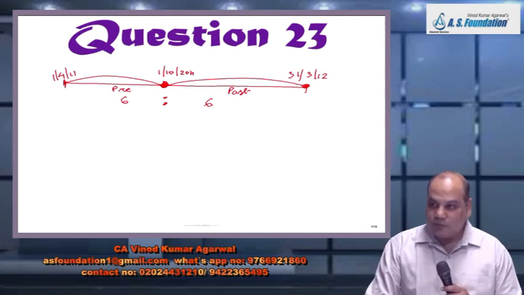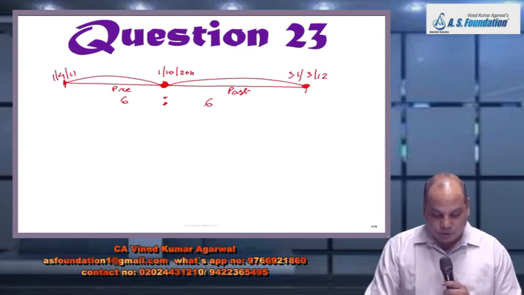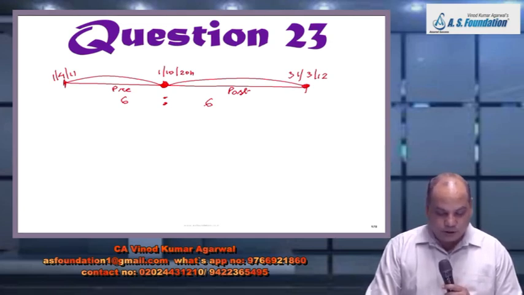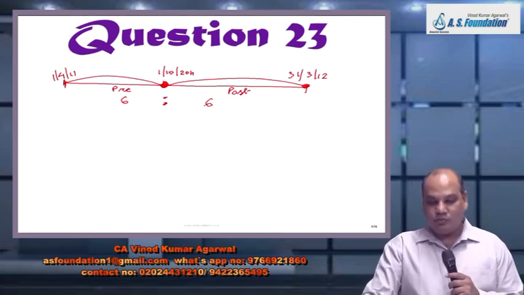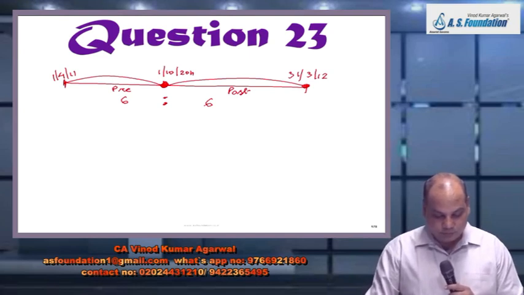The retained earning of XYZ Limited showed a credit balance of rupees 3 lakh on 1st April 2011, out of which a dividend of 10% was paid on 1st November 2011.